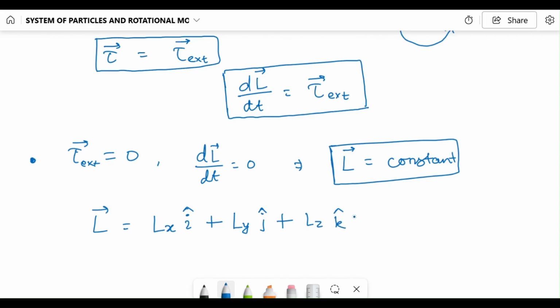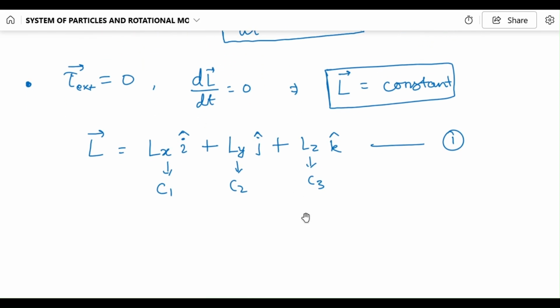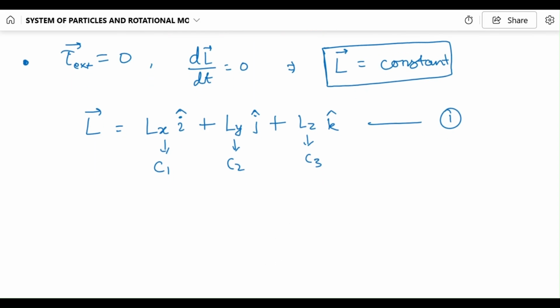As these three components are along independent axes, Lx, Ly, and Lz may be different constants. So we can write something C1, something C2, or something C3. Keep all these things in mind. They are helpful in solving numerical problems, not right now, but later in future, and they are going to help you if you are going for higher studies.